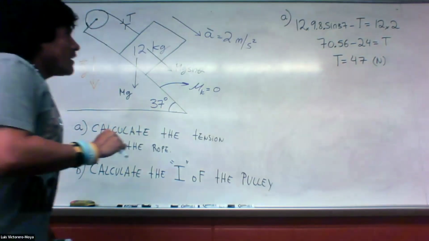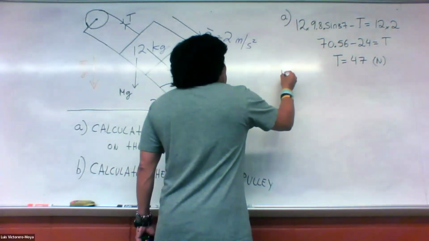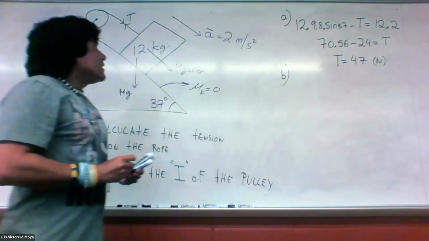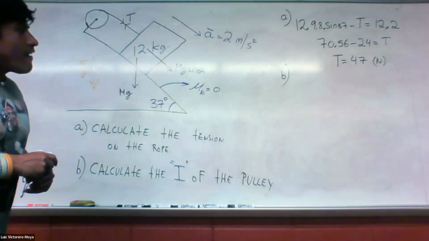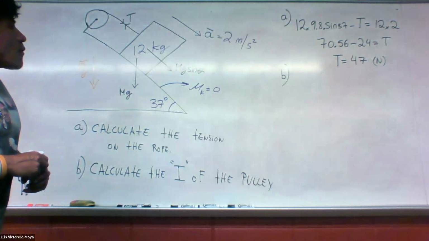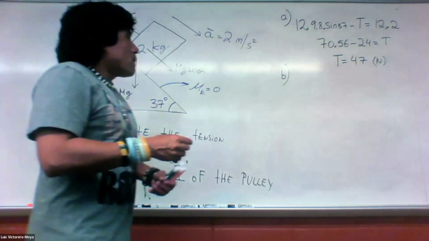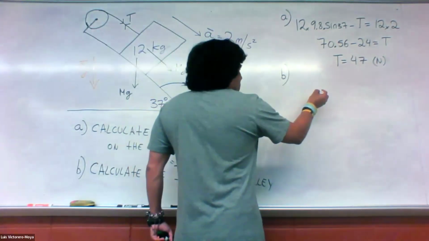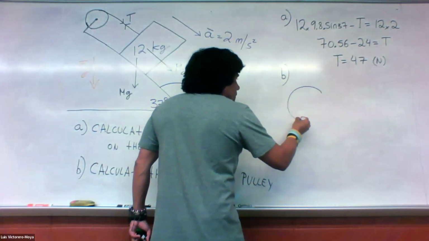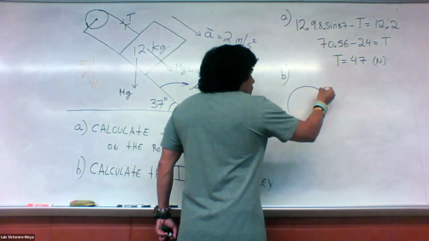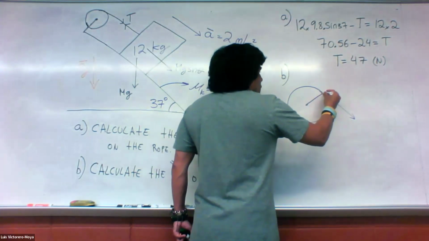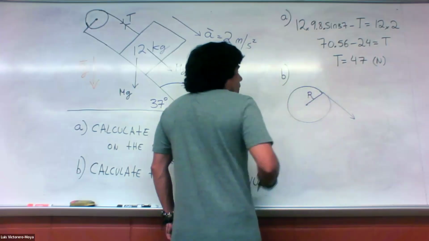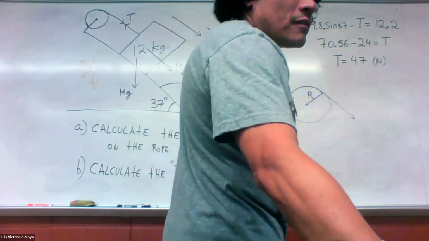Part B. Calculate the moment of inertia of the pulley. Anybody did that? You can redraw the pulley here. You have a tension. You have the radius. Oh, they give you the radius.